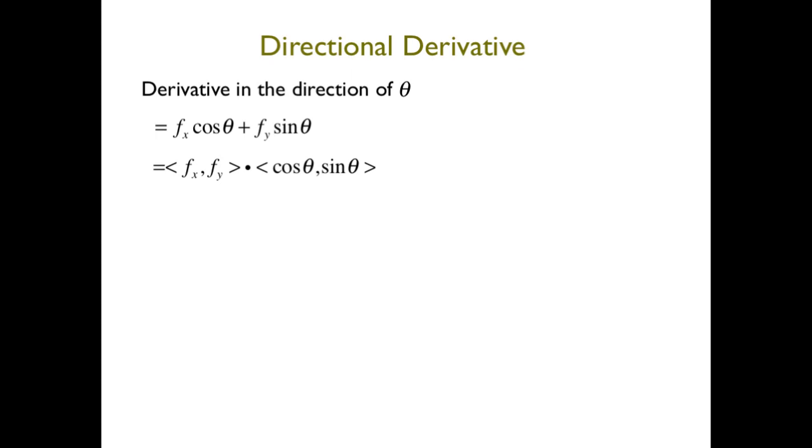So this directional derivative is really a dot product. It's a dot product of this vector made up of our two partial derivatives. Those are like the anchors from which we can get any rate of change in any direction. So you put those together in a vector. And then what is cosine theta, sine theta? What vector is that?